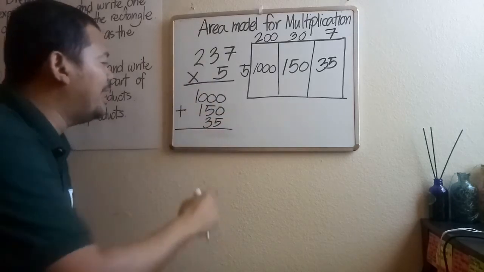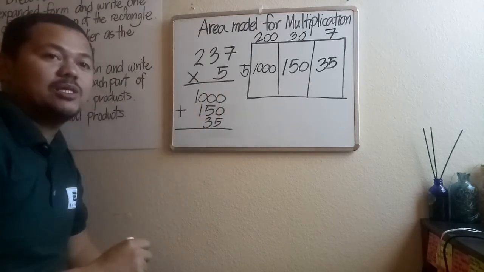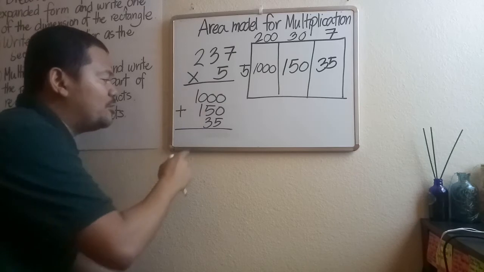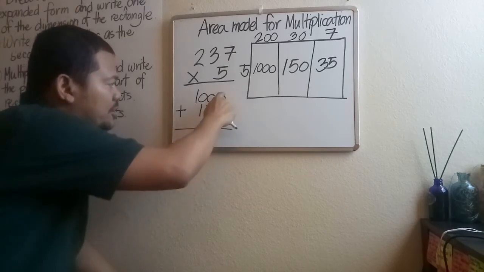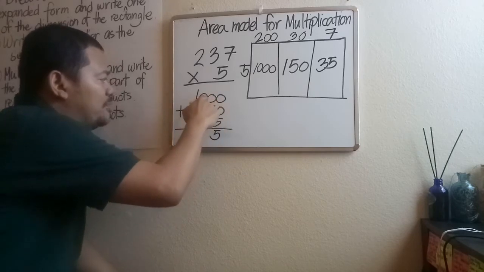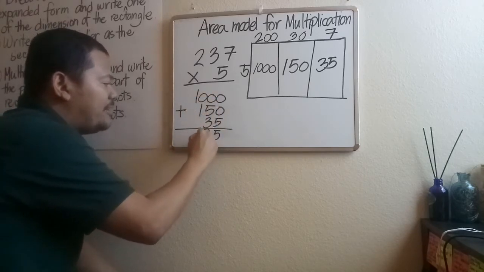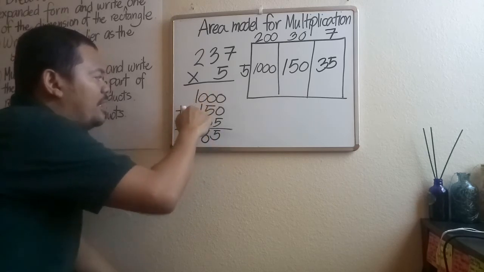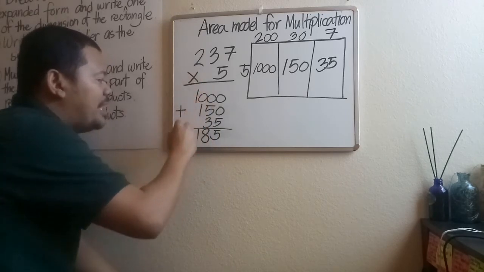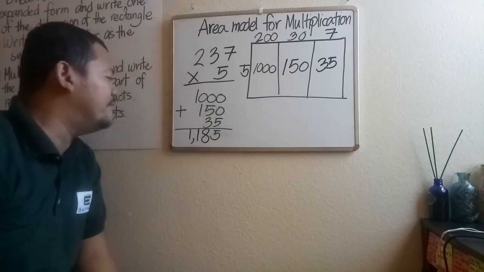Always make sure to align them according to their place value because it will not get you confused when you find out your answer. So 0 plus 0 plus 5 is equals to 5. 0 plus 5, 5 plus 3 equals 8. Right here, 8. 0 plus 1 equals 1. And bring down 1. The answer is 1,185.